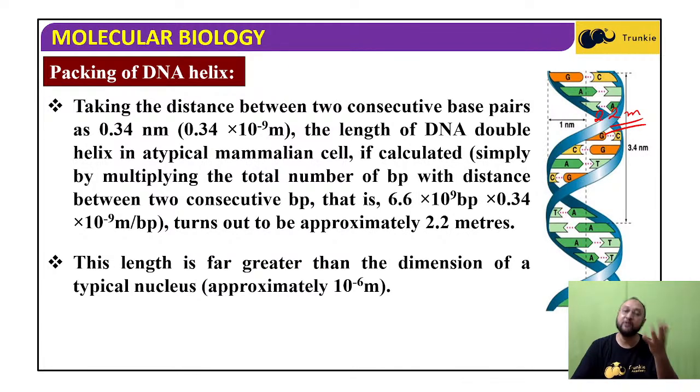So this length of 2.2 meters is far greater than the dimension of the typical nucleus, approximately 10 to the power minus 6 meter, where we find this 2.2 meter long DNA. Just understand.